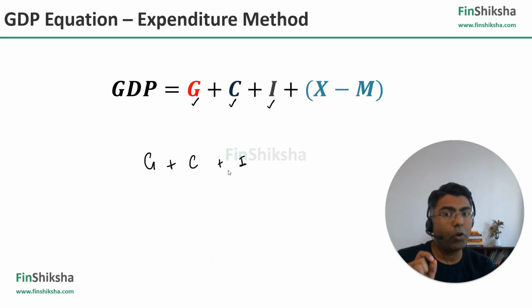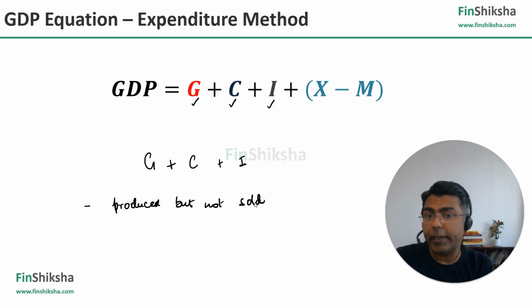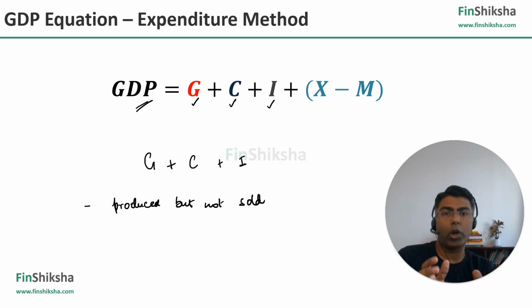However, there are a couple of adjustments that are needed, right? What if there was a good that was produced in India, but not sold in India? This was sold outside India. This is exports. And remember, because you're looking at gross domestic product, essentially the production in the economy, whether you consume it in India or not is immaterial.